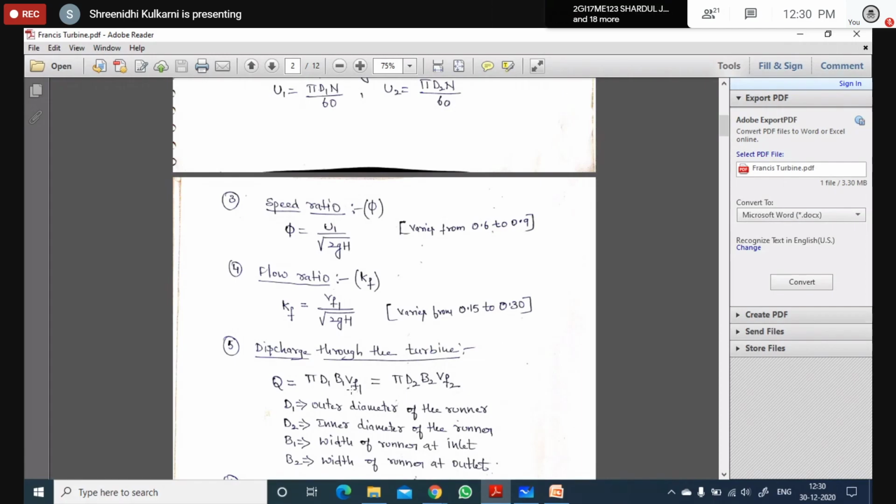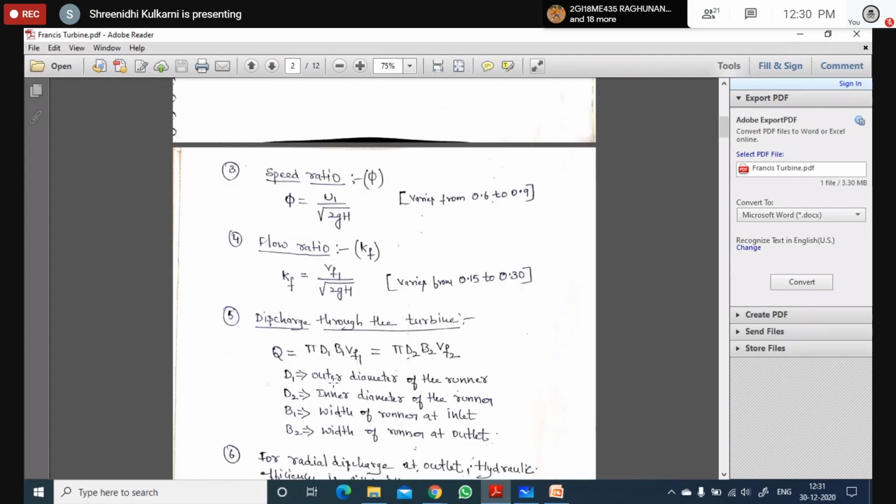Here area is pi D1 B1 into Vf1. Similarly at outlet, pi D2 B2 Vf2. Where D1 is, see, here it is the outer diameter of the runner, don't get confused here, and D2 is the inner diameter of the runner, it is not outlet and inlet. And Vf is flow velocity with respect to inlet as well as outlet. B1 and B2 are the width of the runner at inlet as well as outlet.